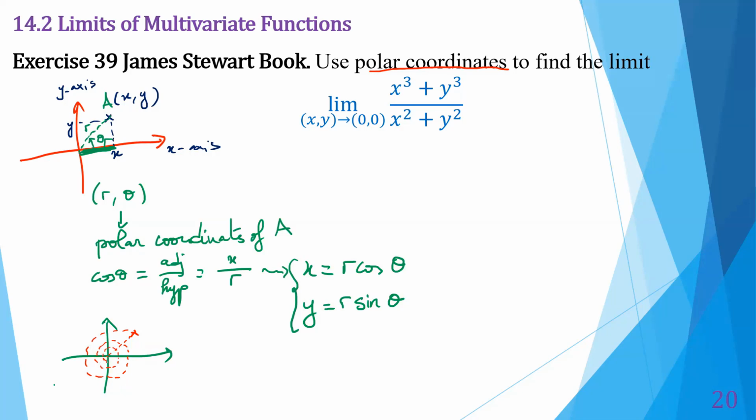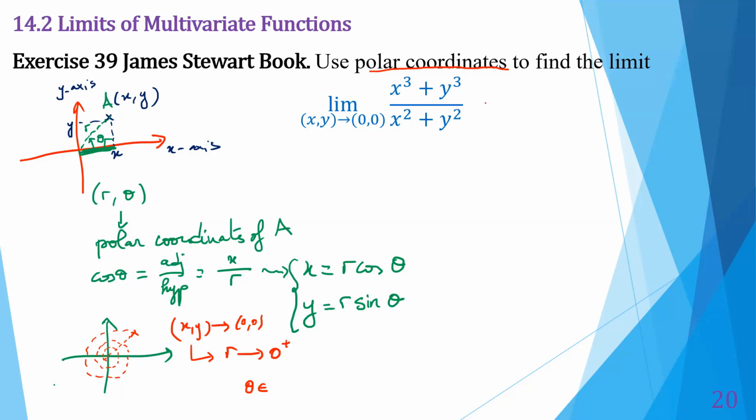It's like a spiral. So the distance r is going to 0. It's positive, if you want to be more precise, to 0 plus, but we continue to rotate. So theta will continue to rotate, and theta will vary when xy goes to 0, 0. At the limit, this corresponds to the fact that r goes to 0 plus.